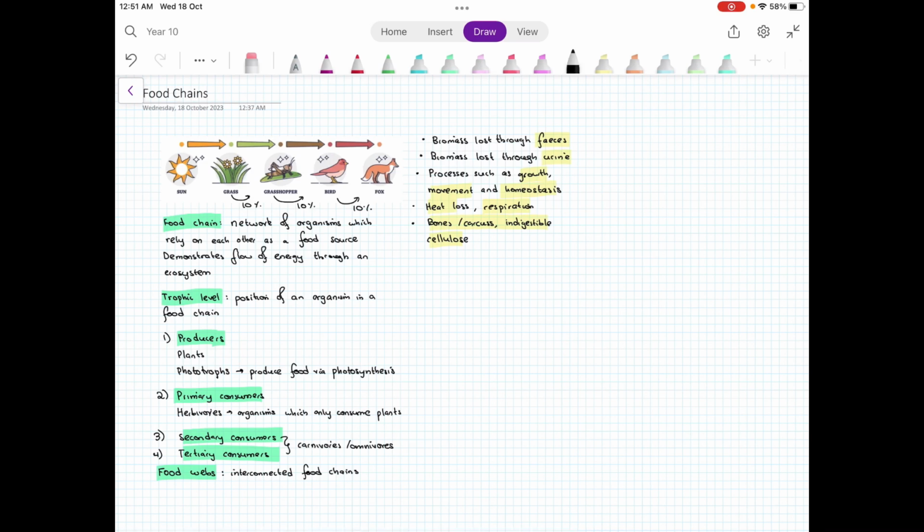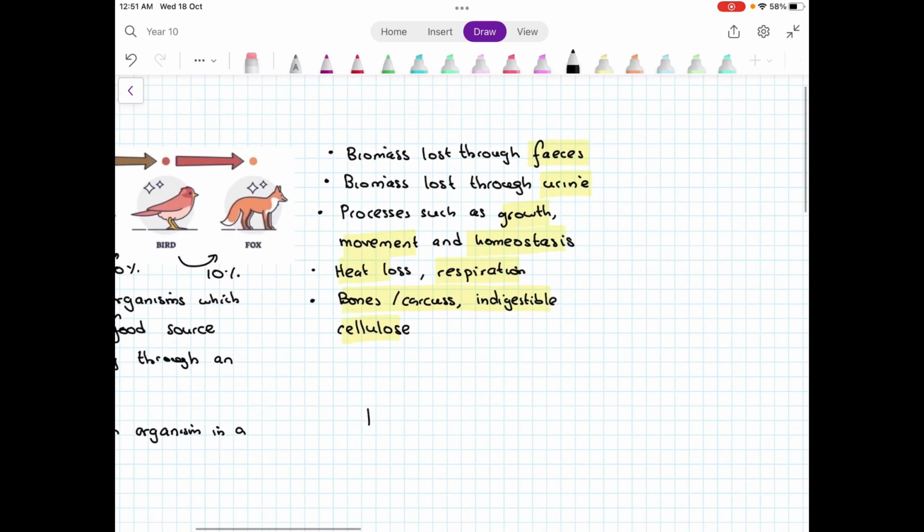Okay, so apart from food chains and food webs, we can also represent pyramids of number, pyramids of biomass, and pyramids of energy.